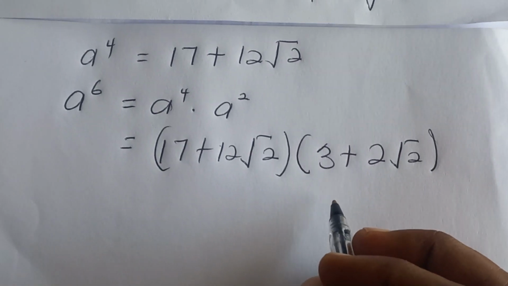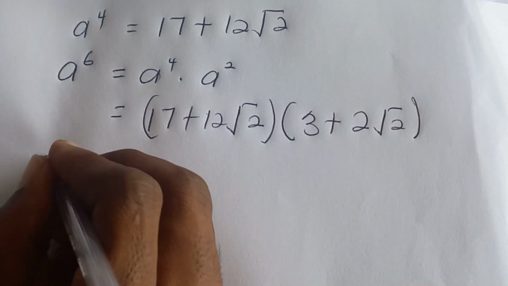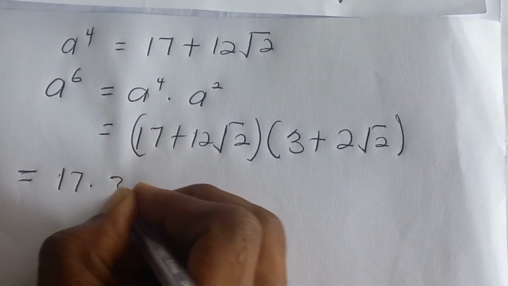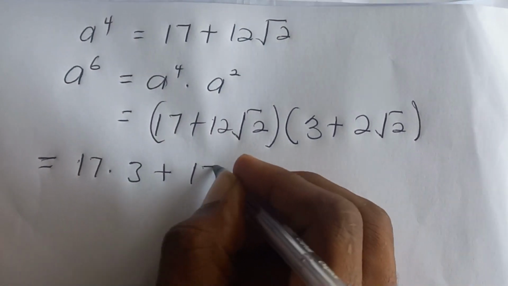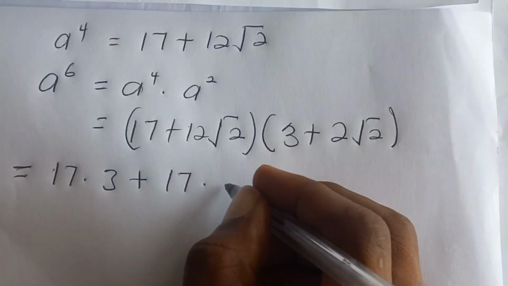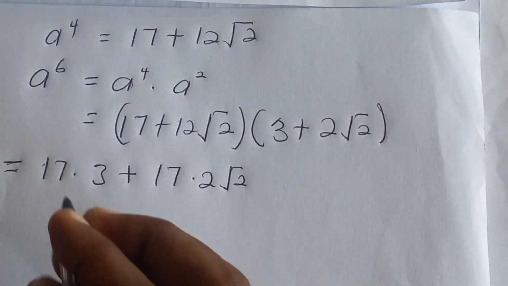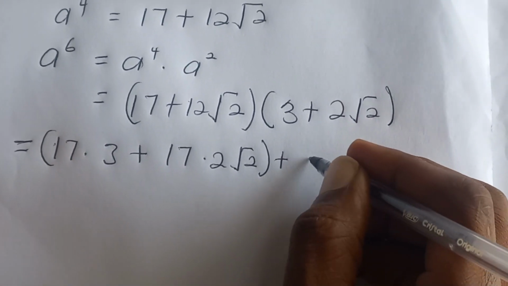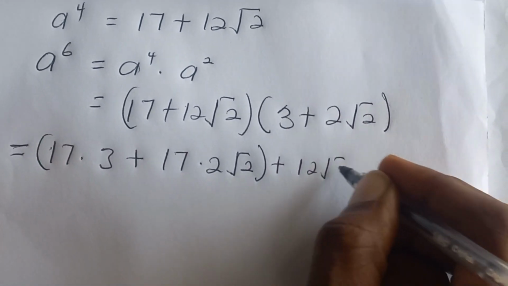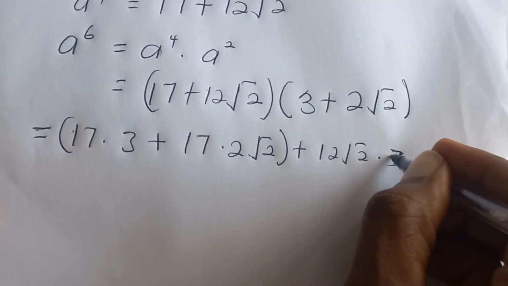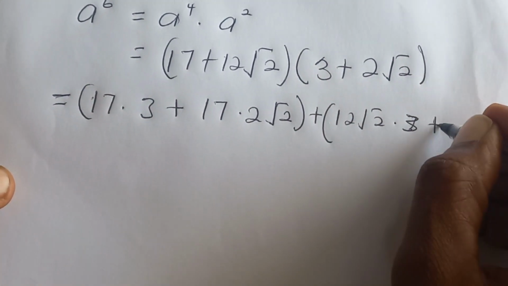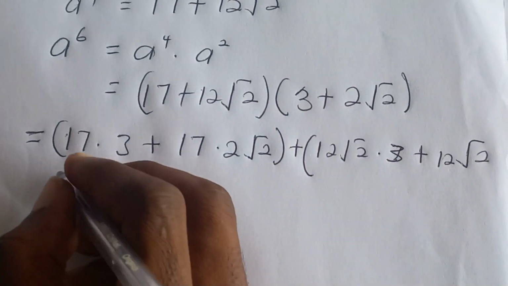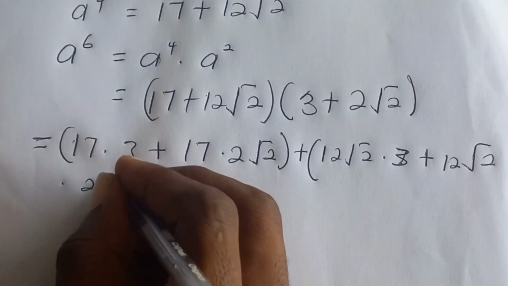By using the distribution method, it's going to be 17 multiplied by 3, plus 17 multiplied by 2 square root of 2, plus 12 square root of 2 multiplied by 3, plus 12 square root of 2 multiplying by 2 square root of 2.